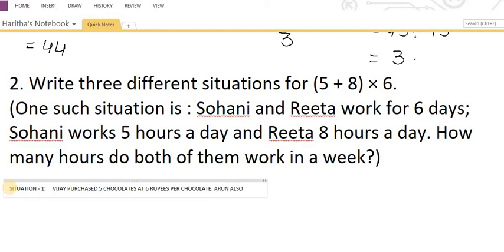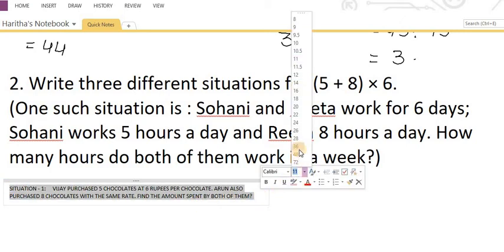Arun also purchased 8 chocolates with the same rate. Find the amount spent by both of them. So this is one situation. I just assumed like this.